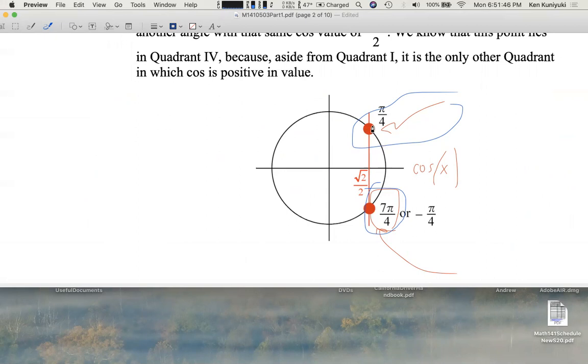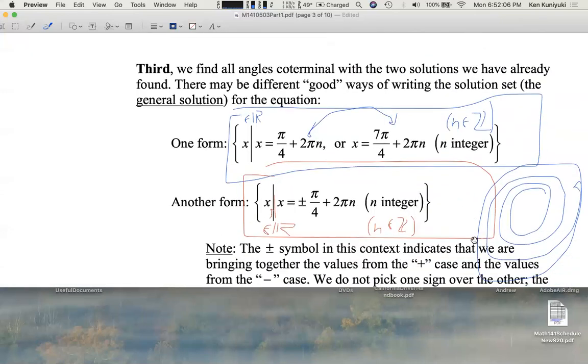All the representatives for this point, that is pi over 4 and all its coterminal twins. Also, this point over here, one representative is 7 pi over 4, or more conveniently, negative pi over 4, and also its coterminal twins. So all the representatives for that point. So there are at least a couple of different ways. In fact, there are infinitely many ways of writing the solution set.